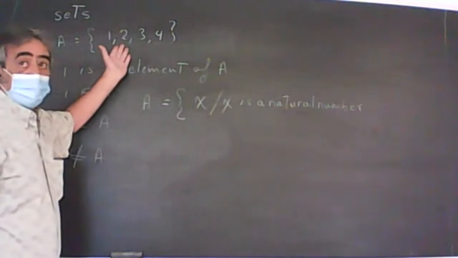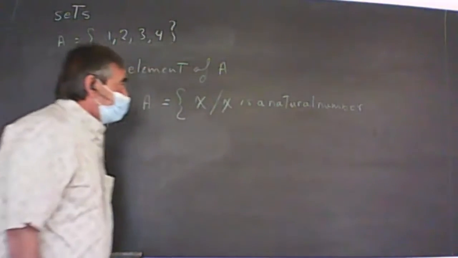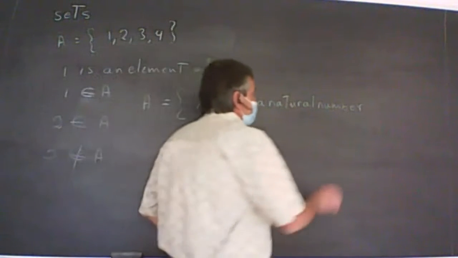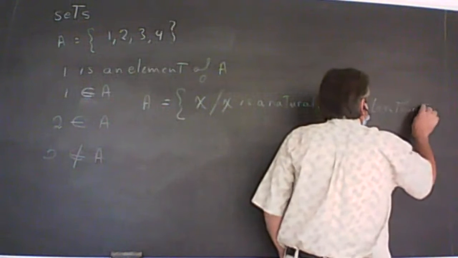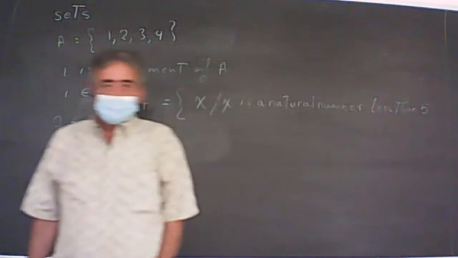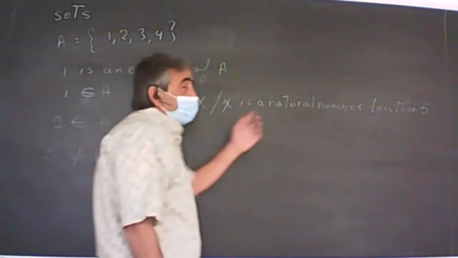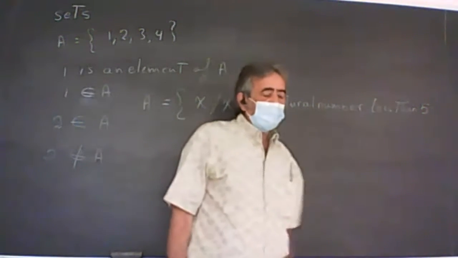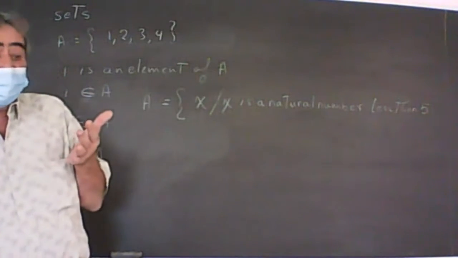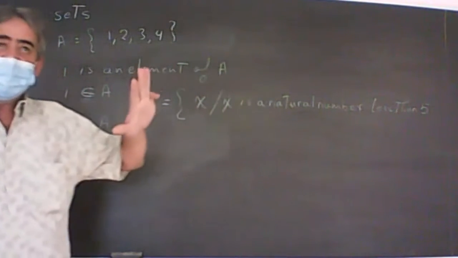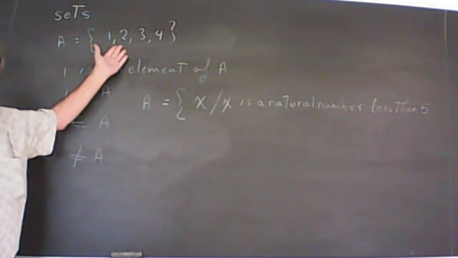If I want to describe this set, it is a natural number, and that natural number must be less than 5. So now I know natural numbers start 1, 2, 3, 4, 5. Oh, 5 is not included because it's less than 5. So it's only 1, 2, 3, 4. So that describes that set.